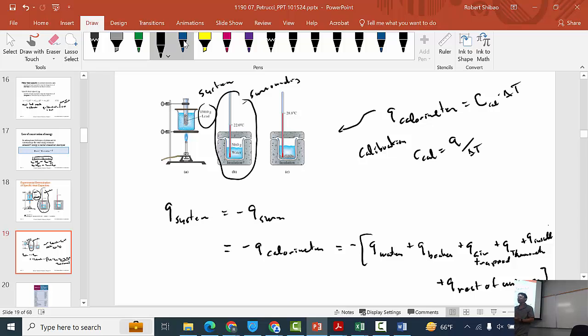And therefore, we could say that for every degree C temperature change, that's going to require this many kilojoules. Does that make sense? And therefore, if we have an unknown amount of heat and we see the temperature rise, let's say the temperature rose by 10 degrees C, then we know it must have been 10 times the energy. And then we can figure out how much energy that is. Does that make sense?